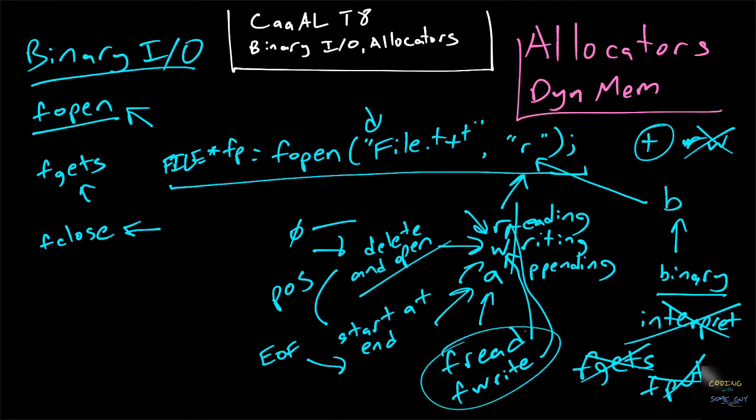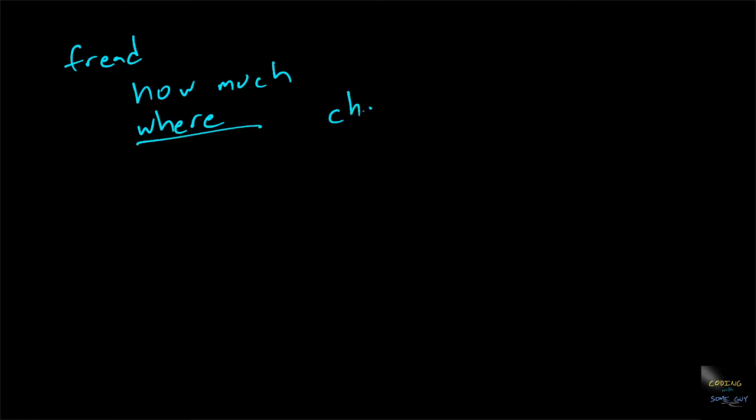Okay, so fread and fwrite. Well, what do they do? I mean, in a nutshell, they read. It's sort of like fgets in that you need to say how much, but you also have to say where. And keep in mind that this is no longer structured, right? So this is not a character string. Like with fgets, we can always assume we're dealing with some sort of char pointer. And with this, we could make it a char pointer.